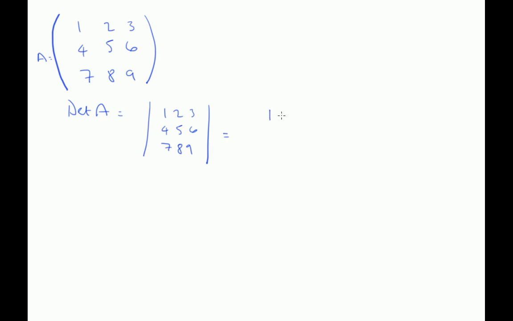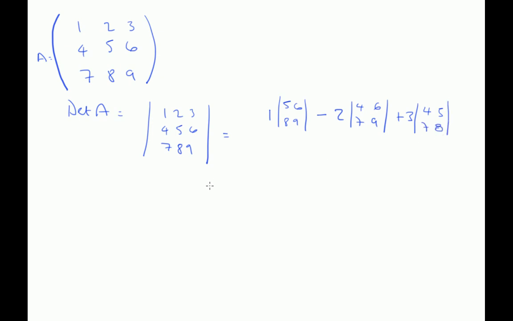So it's 1 times the determinant of the minor, so 5, 6, 8, 9, plus, minus, so we alternate plus minus plus minus, so 2 times the determinant of 4, 6, 7, 9, and then plus 3 times the minor of that, 4, 5, 7, 8.